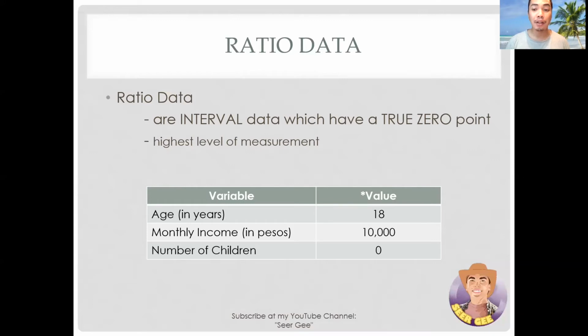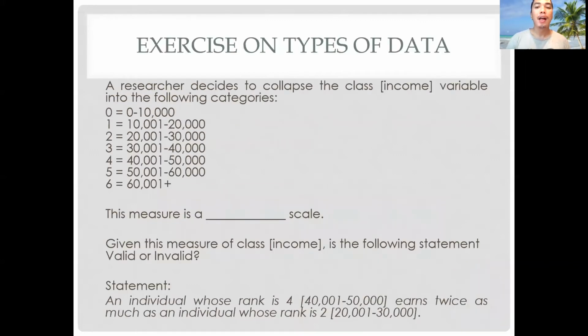Ratio has equal intervals. Each year adds 1 unit of age, each peso adds 1 peso of income, and each child adds 1 unit. Now, let's have some exercises to see if you understand my discussion about the types of data.